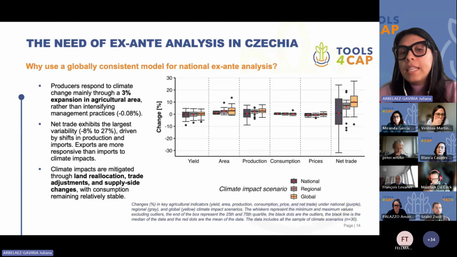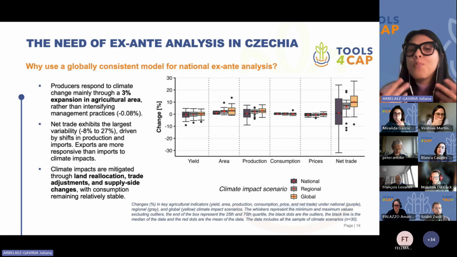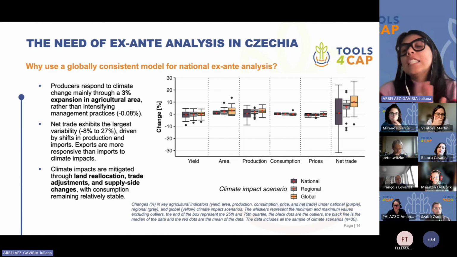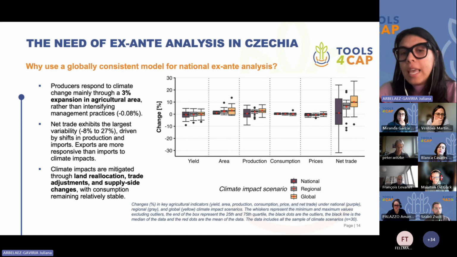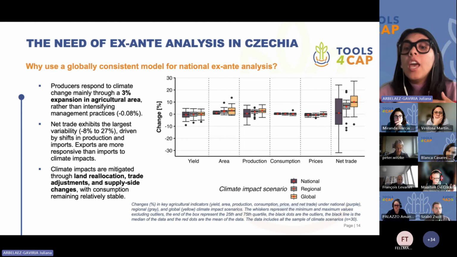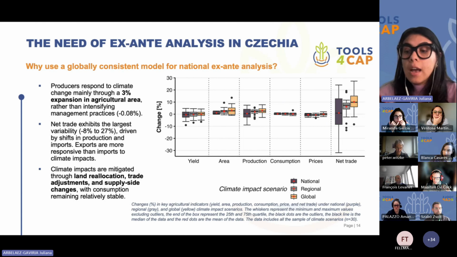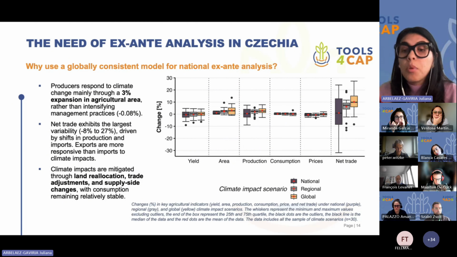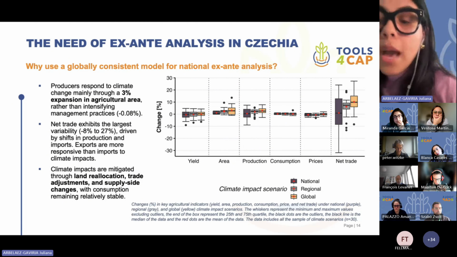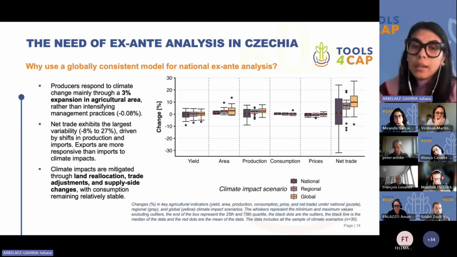The gray box plot is when we consider at least regional climate change impacts. So here we are considering that the whole European Union is impacted by climate change, and the yellow box plot is when the whole globe is impacted by climate change. So we see that the full global market of agricultural products is impacted differentially by climate change.